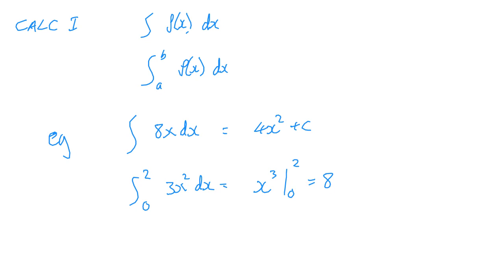That means in Calc 3, when we come to multivariable calculus, we're going to have to deal with analogies of both of these things. You've got the antiderivative, and you've got the definite integral. Now, the definite integral used to mean area under a curve.